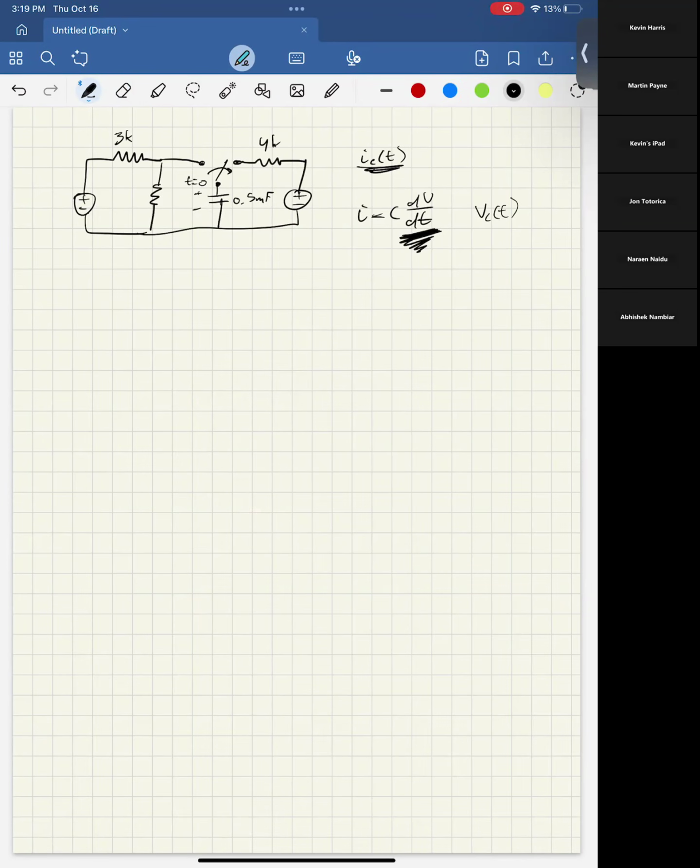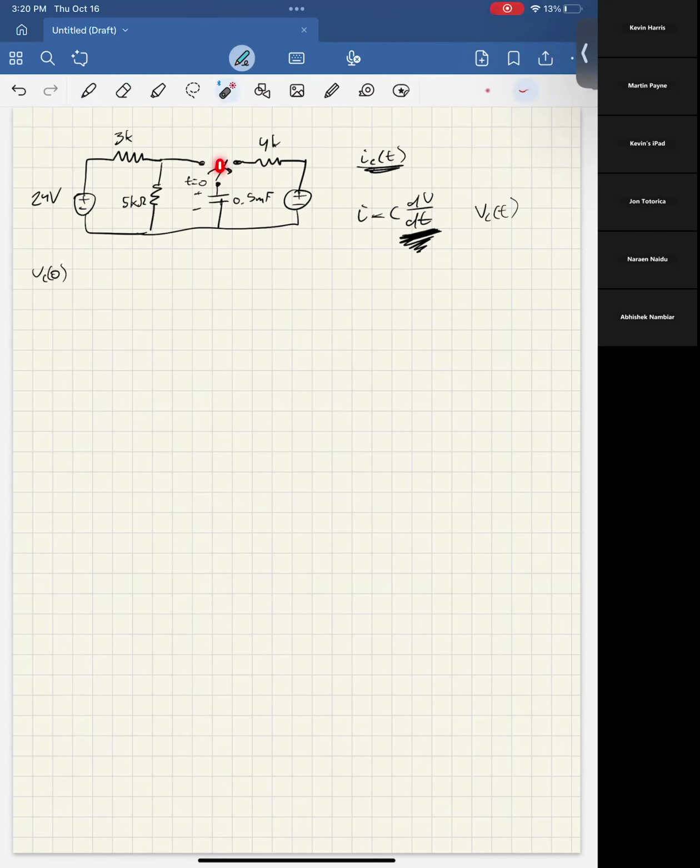And this time, just to kind of talk you through how you could look at this, I'm not even gonna redraw the circuit because this one looks simple enough that you could just do it by looking at it. So for Vc of 0, when the switch is in that left position here, we have the voltage source here, which I didn't label as 24 volts.